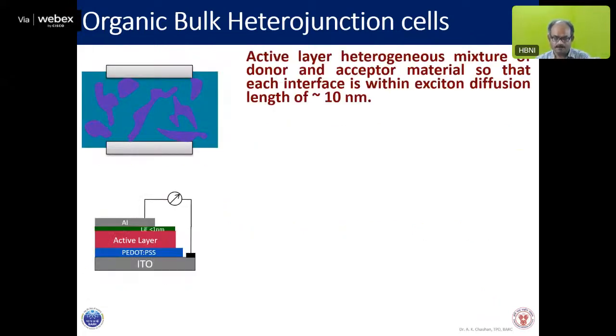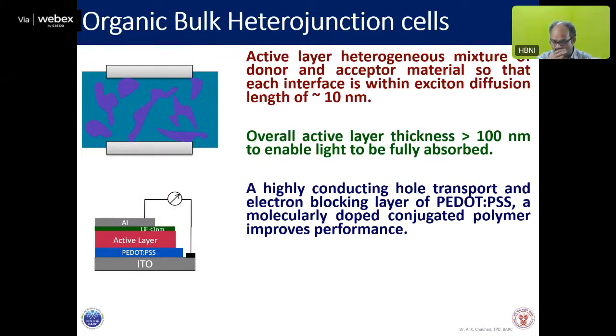So this is just a structure, the typical structure of the bulk heterojunction solar cell. You have ITO, that is transparent conducting oxide. You have aluminum, another electrode. And then there's an active layer. What is this active layer? This active layer is the blend of your donor and acceptor, as we explained earlier.